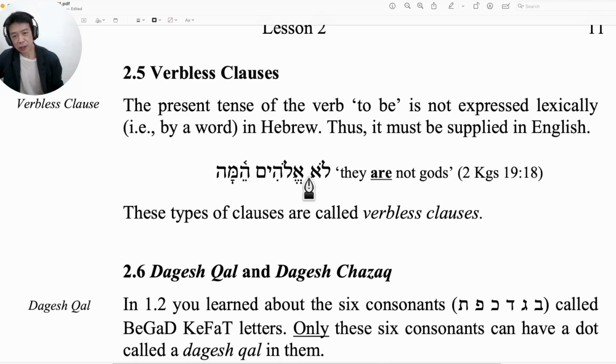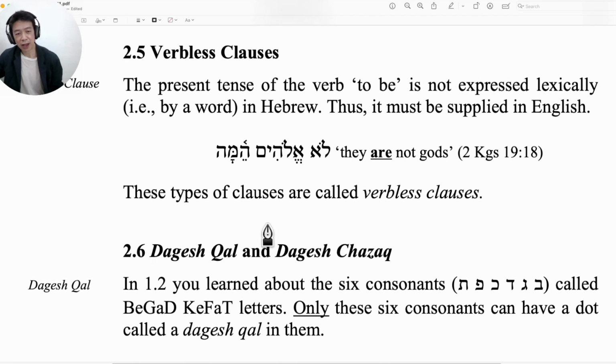So lo means not, Elohim means gods, plural, and hema means they are. So the word are is not in this phrase in Hebrew. It must be supplied when you translate from Hebrew to English. These types of clauses are called verbless clauses.